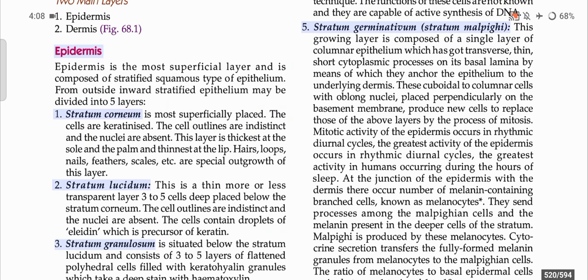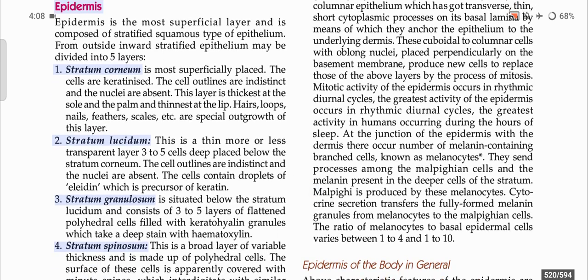These cuboidal to columnar cells with oblong nuclei, placed perpendicularly on the basement membrane, produce new cells to replace those of the above cell layers by the process of mitosis. Mitotic activity of the epidermis occurs in a rhythmic diurnal cycle.